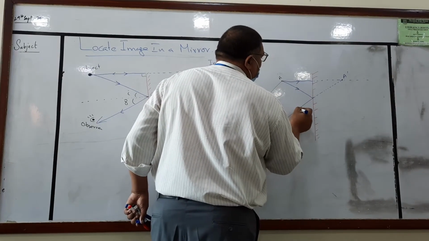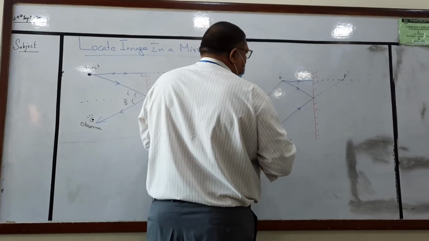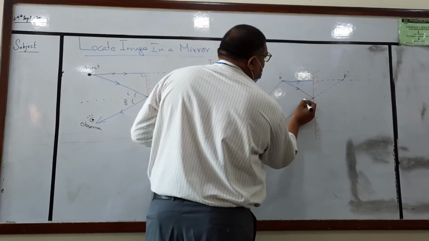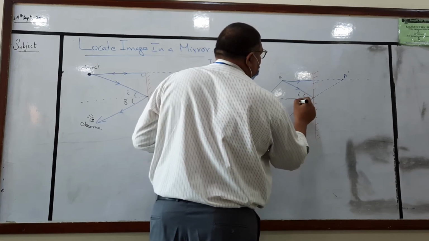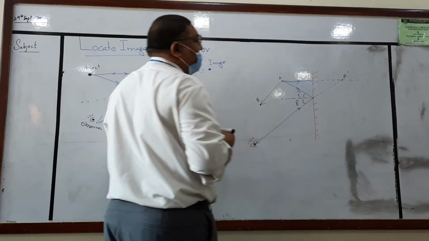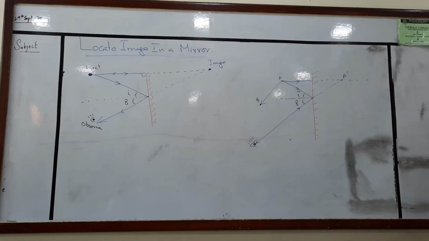Okay, if you will draw a perpendicular here, automatically, I'm making it with a rough hand, but still you see they look the same. The angle of incidence and angle of reflection will be automatically equal to each other.